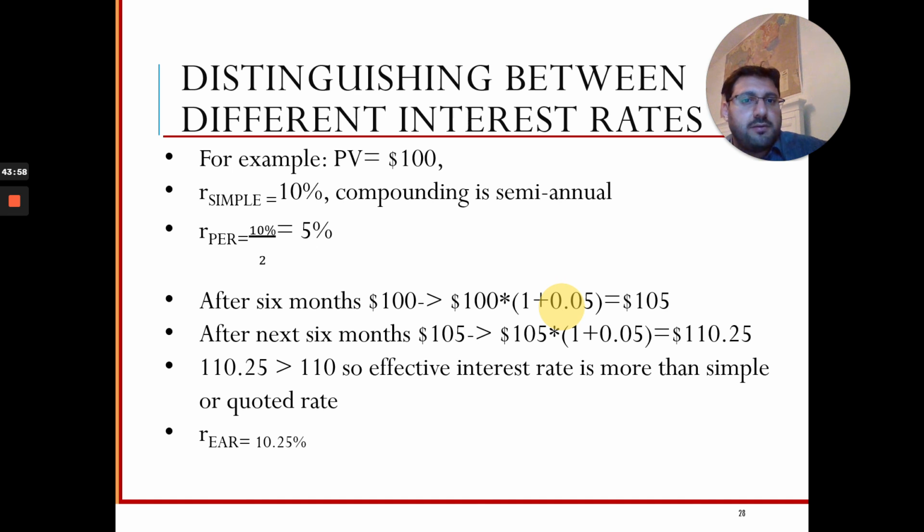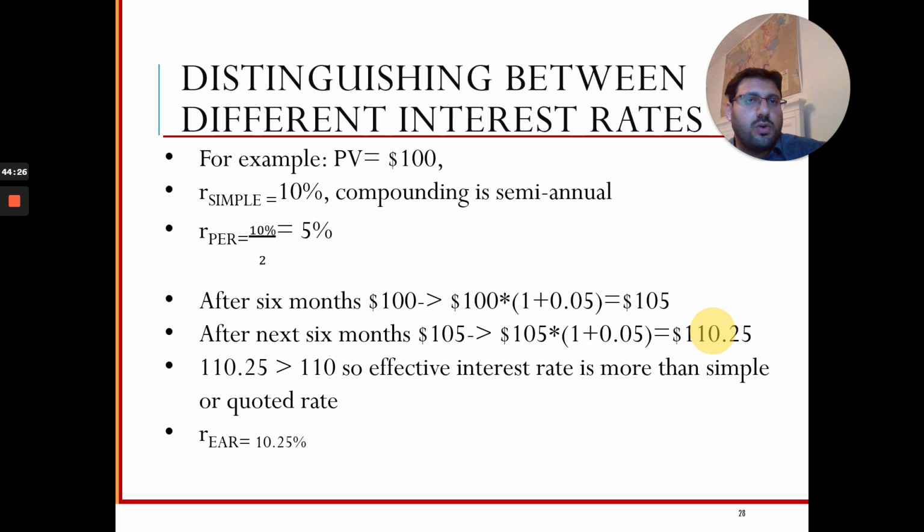For example, if you disregard the semi-annual compounding over here, how would you reach from $100 to 110.25 in a year? By multiplying this $100 with 1 plus this rate, 0.1025, raised to the power 1, right? So you will be able to convert this $100 into 110.25.